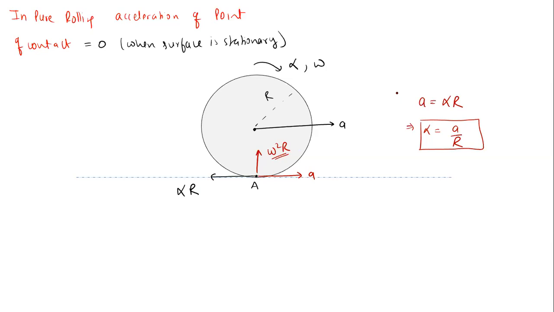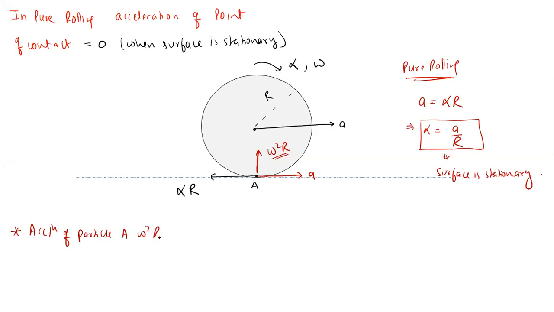Fine. So we can write one point here that this is the case for pure rolling. Pure rolling means A must be equal to alpha r when the surface is stationary. Now, what is the purpose of omega square r? We can write one more note that the acceleration of the particle A is omega square r.